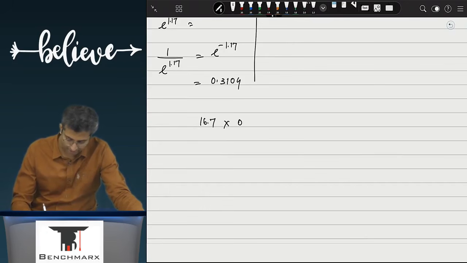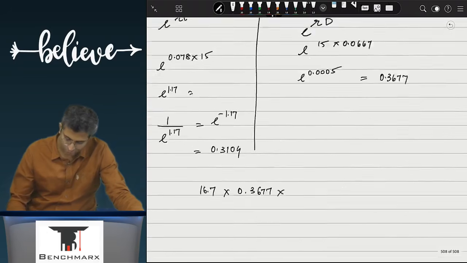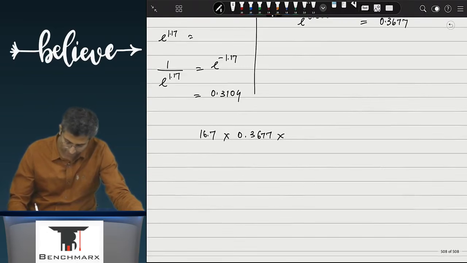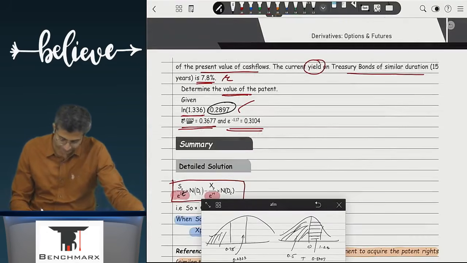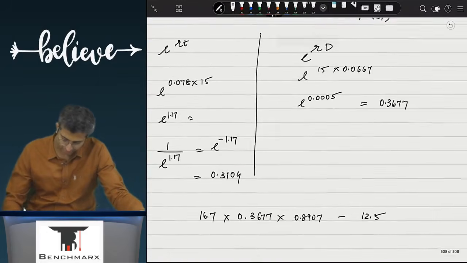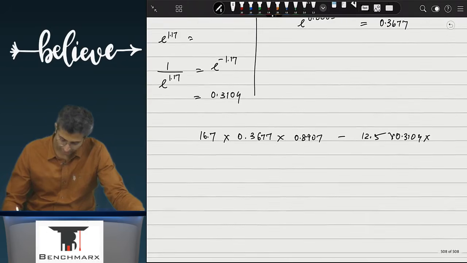If you were to multiply this, this is 0.3677 into N(d1), which was 0.8907, minus 12.5. This 12.5 भी आपको मल्टीप्लाई अगर करना है 0.3104 and into what? 0.2177.